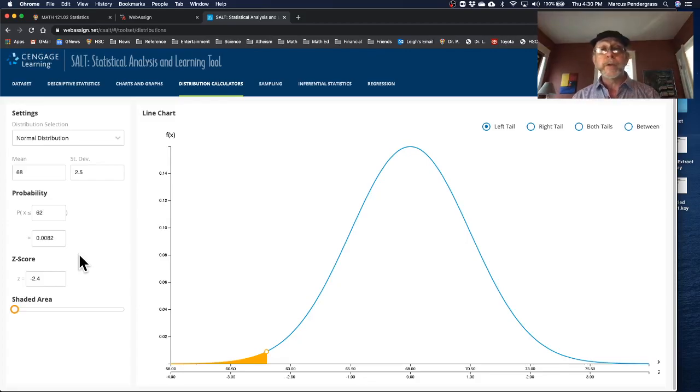Finally, you can do the between kind of calculations as well. What if I were interested in the probability that someone's height is between, let's say, 62 inches and 73 inches?